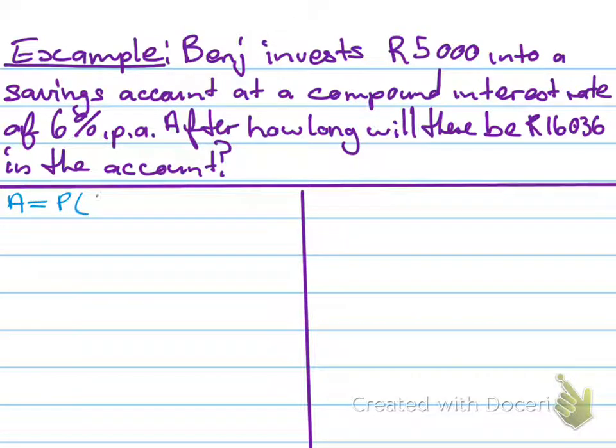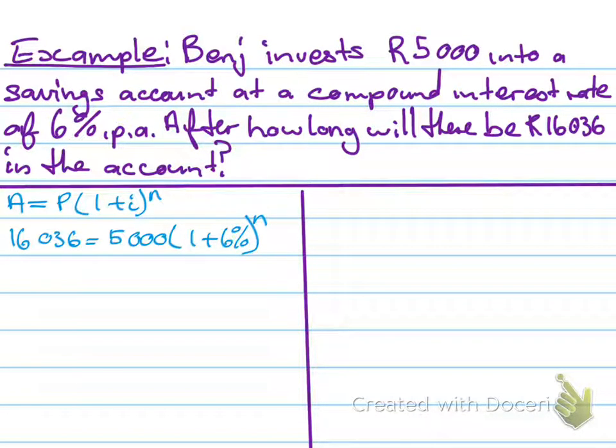So here we write down our compound formula, because we know that it is compounded yearly. We substitute our values. The accumulated amount will be 16,036. The principal value is 5,000. Our interest rate per year is 6%, and we don't know how long it will take for the 5,000 to become 16,036.